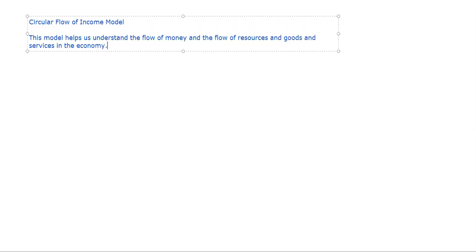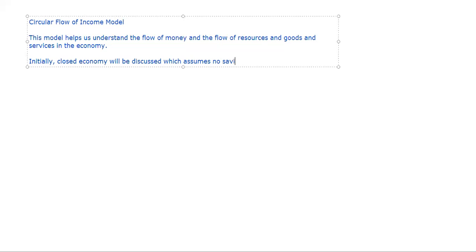Initially, we'll assume a very simplistic model where there is a closed economy. So initially, a closed economy will be discussed, which assumes no savings, no investment, no exports or imports.